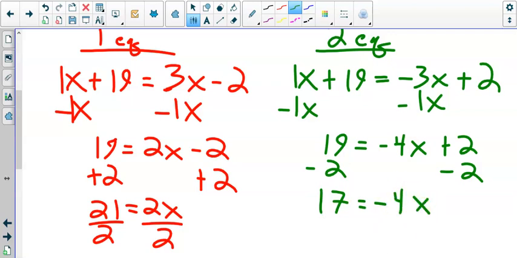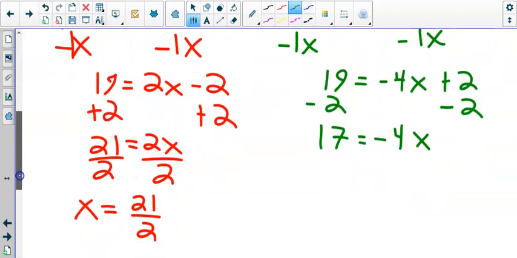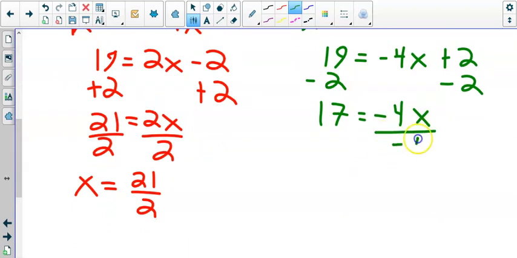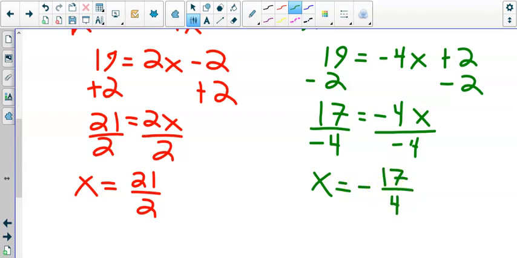Now what? Divide by negative 4. X is equal to what? Negative 17 fourths. Good. So now, hopefully, even though they are fractions, you know which one is the smaller answer. Who is x1 going to be?